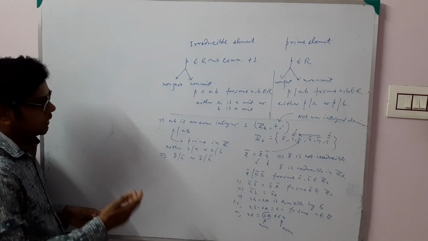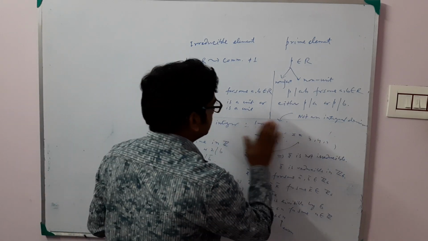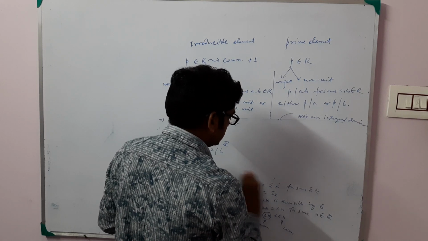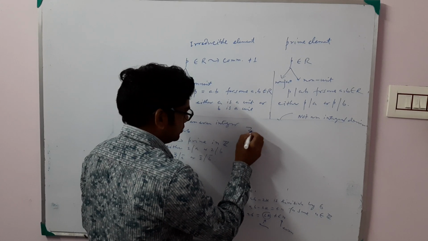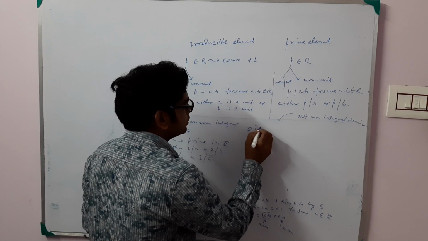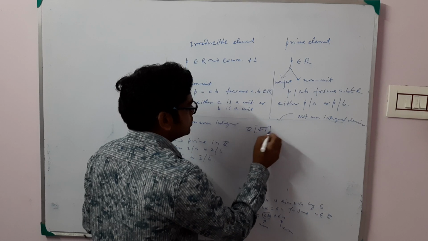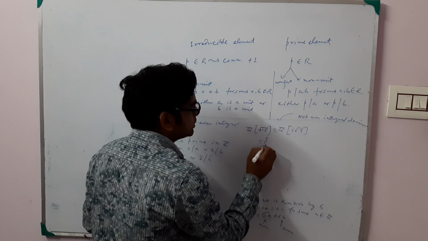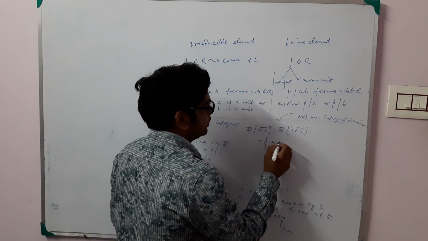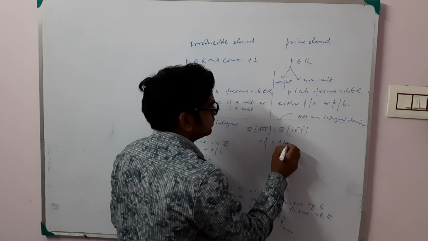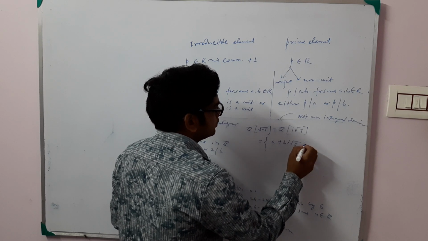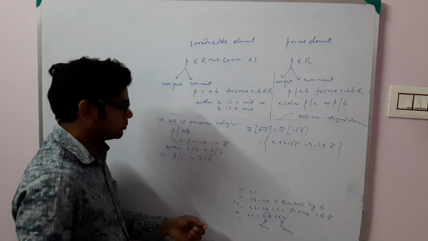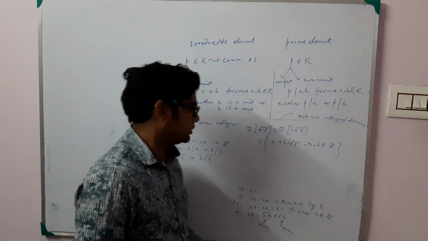Now we take another example. We consider the commutative ring with unity Z adjoined root minus 5, or sometimes we also write this as Z[i root 5]. So its elements will be of the form A plus B i root 5, where A, B are in Z. So this is a subset of the set of all complex numbers.